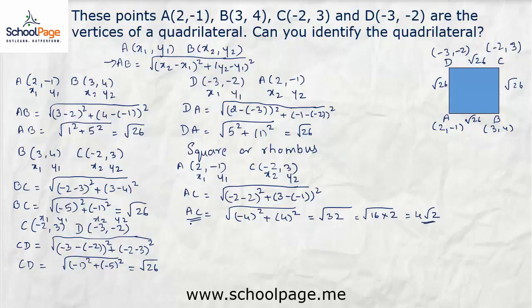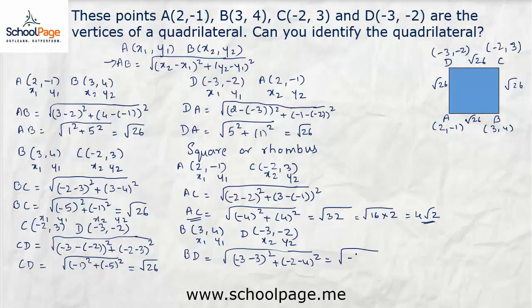Let us find the length of the diagonal BD. Let us write the coordinates of B as 3, 4 and D as -3, -2. Now let us mark x1, y1, x2, y2. So BD equal to square root of (-3 minus 3) the whole square plus (-2 minus 4) the whole square, which is equal to square root of (-6) the whole square plus (-6) the whole square, which is equal to root 72.